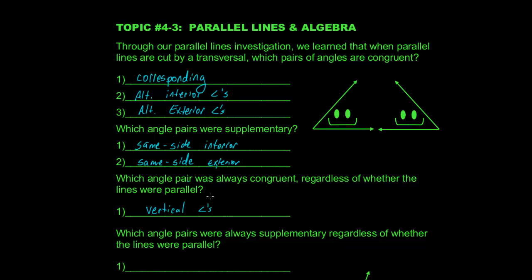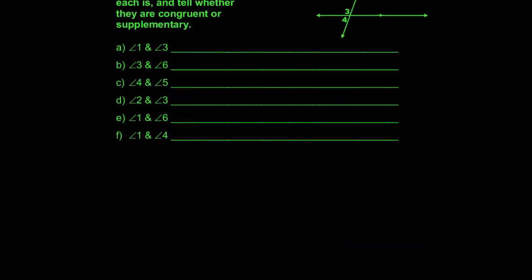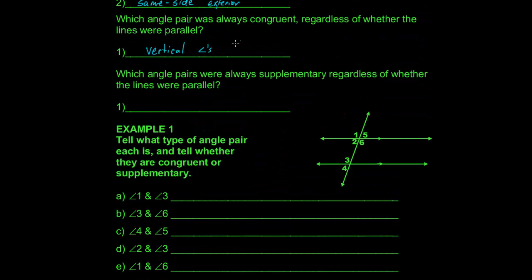Vertical angles. Go down the page just a little bit here. Okay, which angle pairs were always supplementary? By definition, a linear pair will always add up to 180.